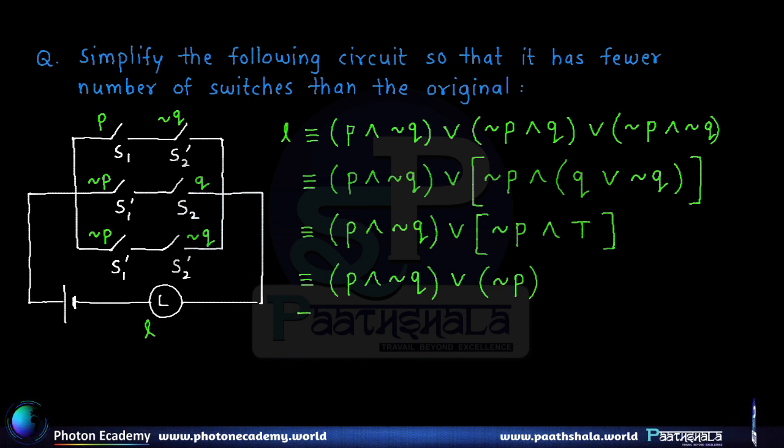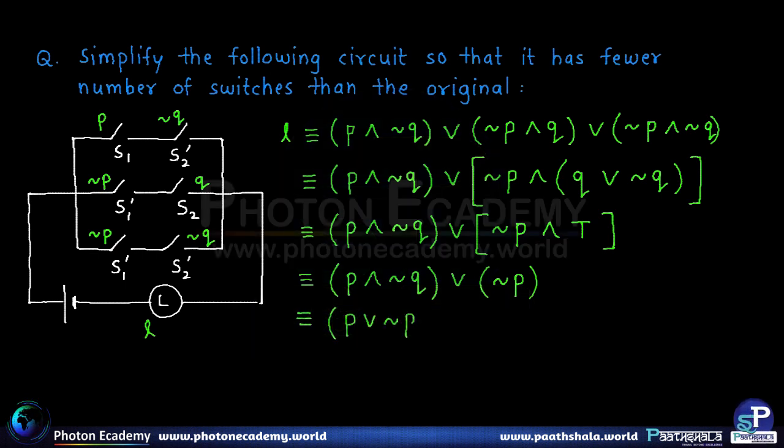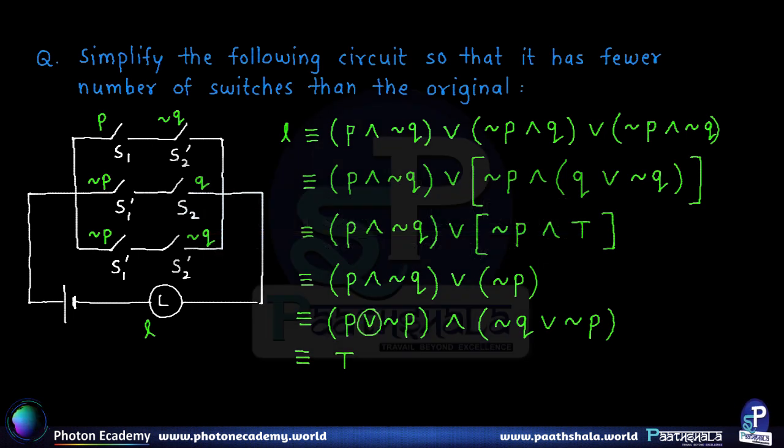Now here we use the distributive law to open the bracket. So therefore we distribute the negation P to the elements inside the bracket. So we have P or negation P and negation Q or negation P. Lastly we have P or negation P. Once again it is true because there is an OR operation of the opposite truth values.